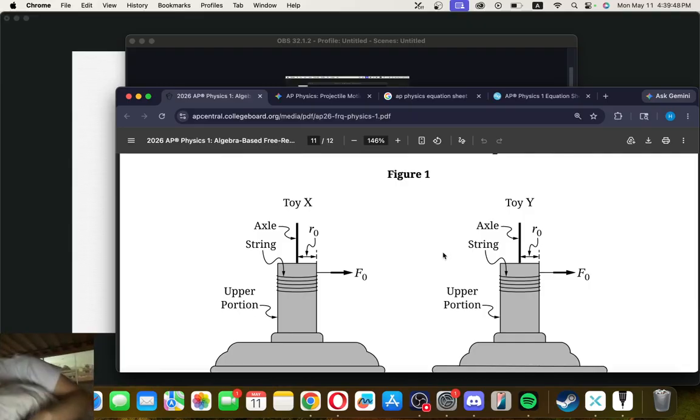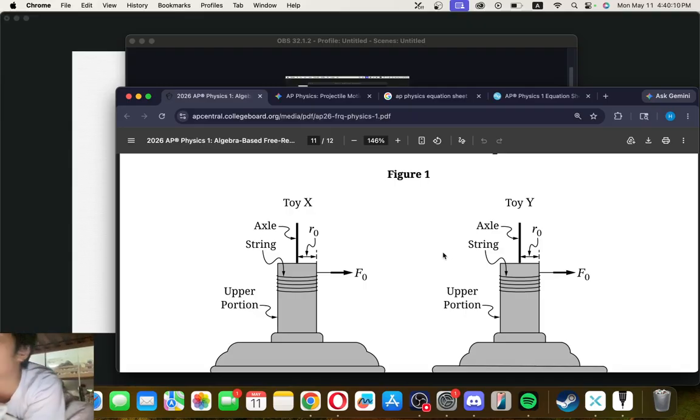We can relate this to probably energy, right? So, it has 1/2 I omega squared, and it can equal the work.